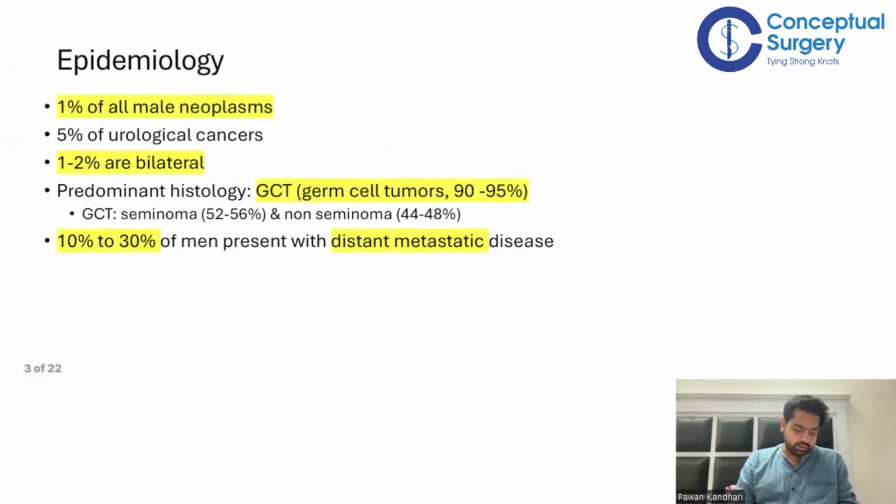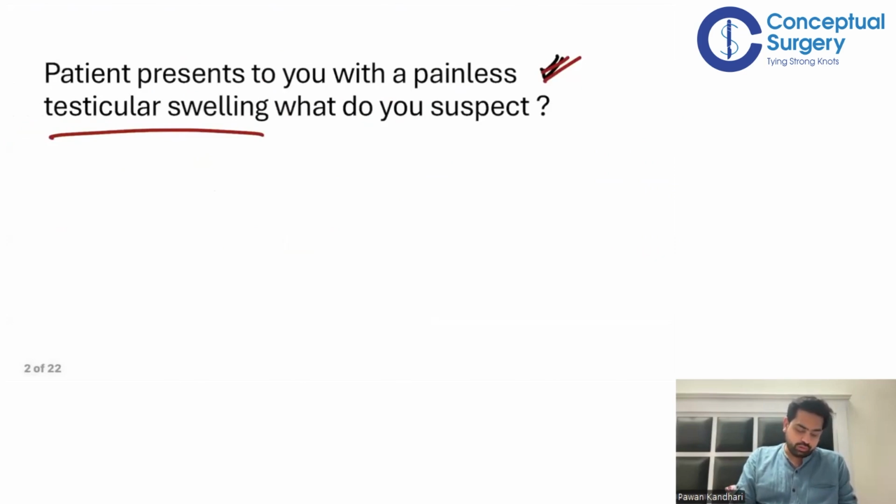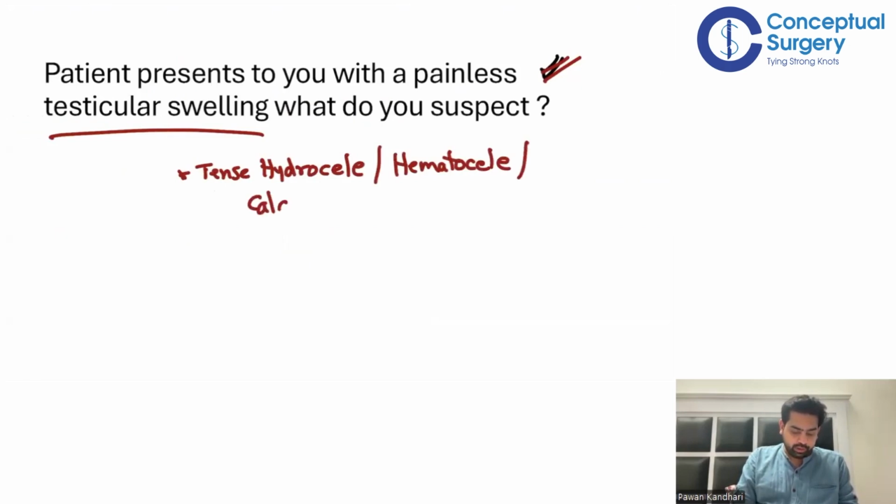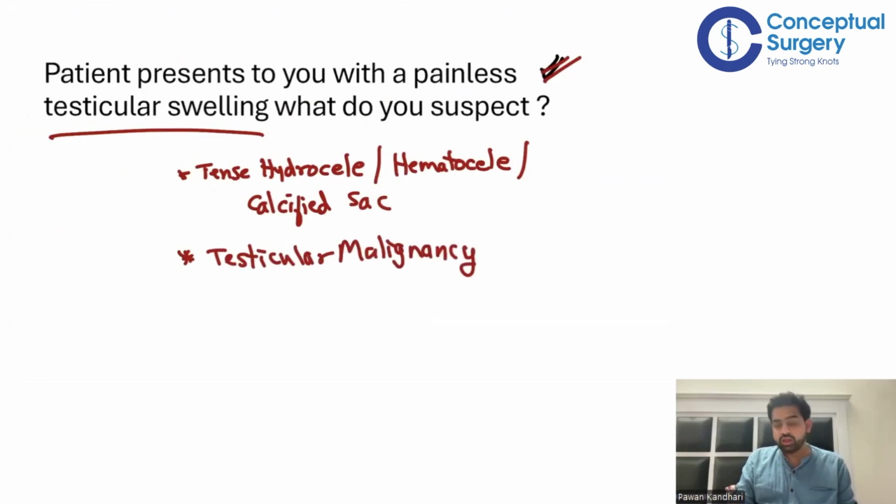As I told you, it can be some kind of a tense hydrocele or a hematocele, or a calcified sac of a hydrocele, or it can be a testicular malignancy. Okay, so these are the differential diagnoses of a testicular mass.